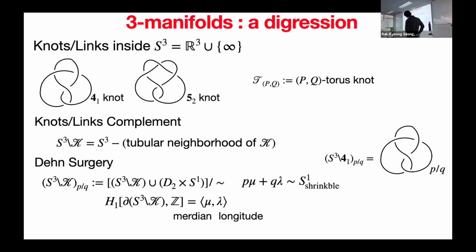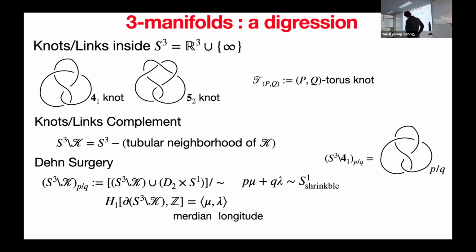The knot complement has a torus boundary. The torus boundary has cycles generated by the so-called meridian and longitude. We glue in a solid torus, gluing some (p,q) cycle of the boundary torus to the shrinkable cycle of the solid torus.